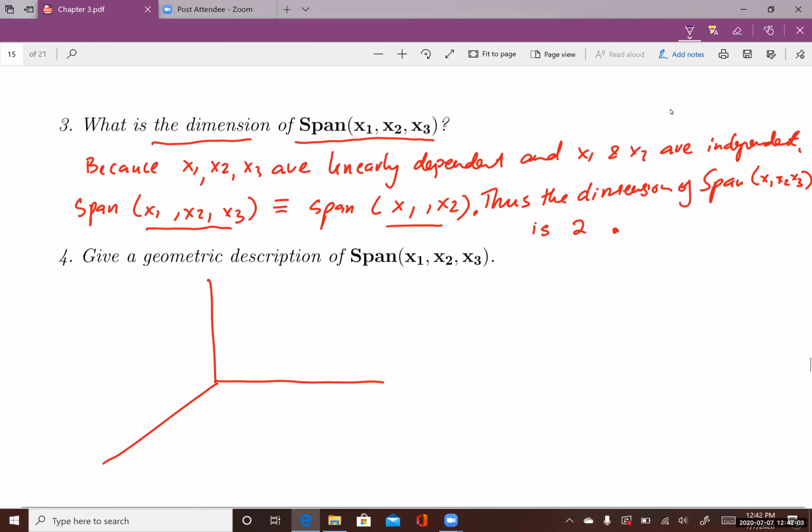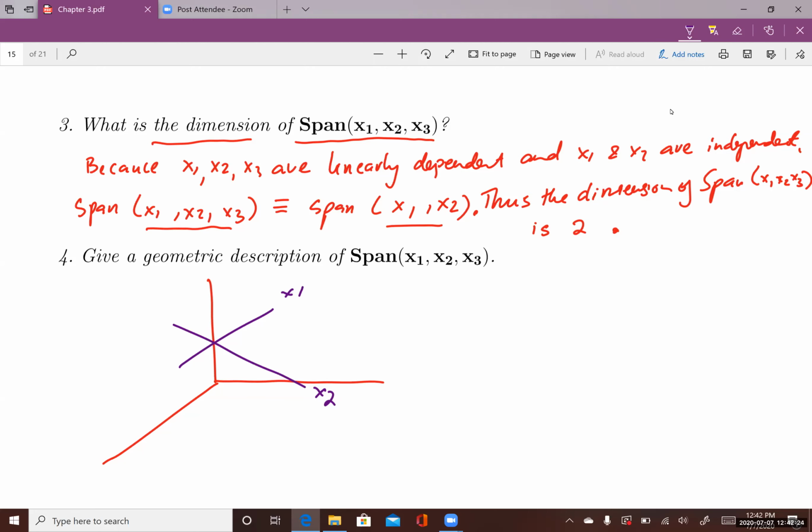Let's say this is x1, this is x2, and x3 is a linear combination of x1 and x2. So when you add or subtract x1 and x2 with some multiple constants, you got x3.